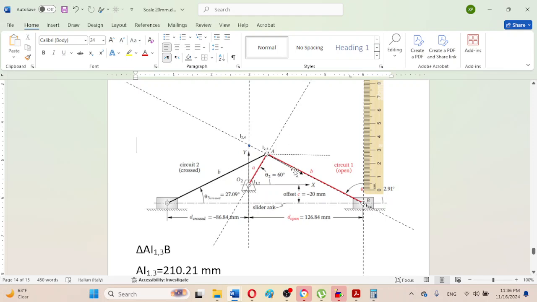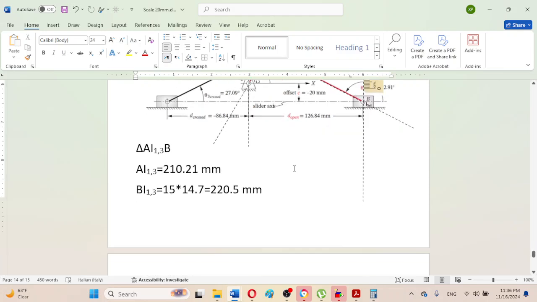As the velocity is perpendicular to this link, the angle of the velocity with this crank will be 90 degree. So this is 60, so that means this is 30. So the angle of the velocity with the horizontal is 30 degree.